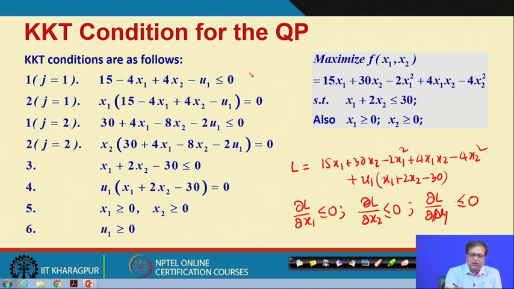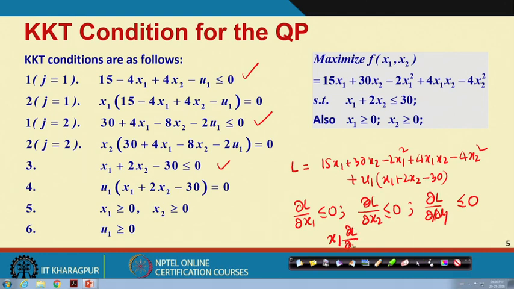So these are our constraints, and the additional constraints are x1 into del L del x1 equal to 0, x2 into del L del x2 equal to 0, and u1 into del L del u1 equal to 0.